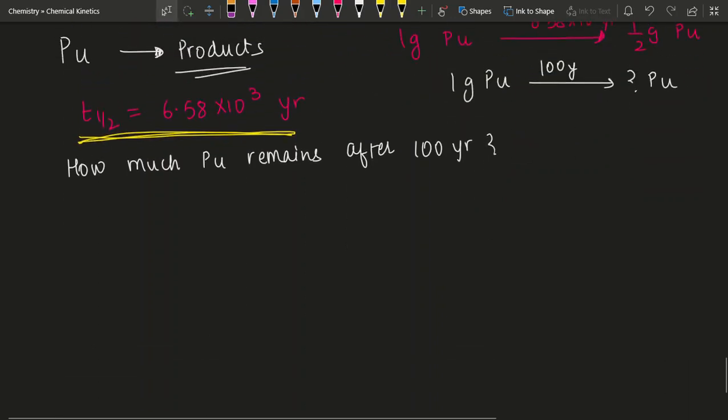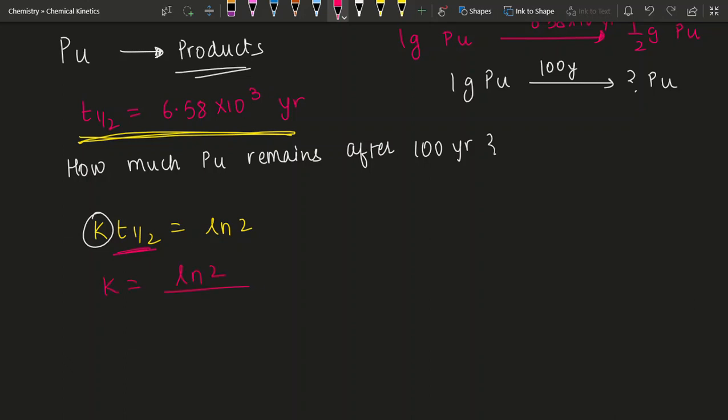So you have k times t half is equal to the natural log of 2, and you know the value of t half. You need to find out k. So k is equal to the natural log of 2 over 6.58 times 10 to the power 3 years.